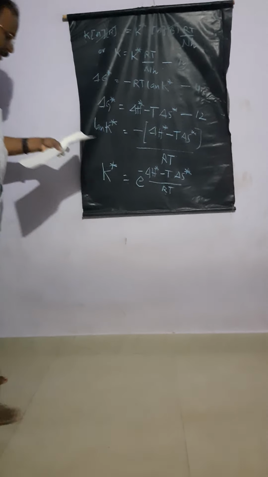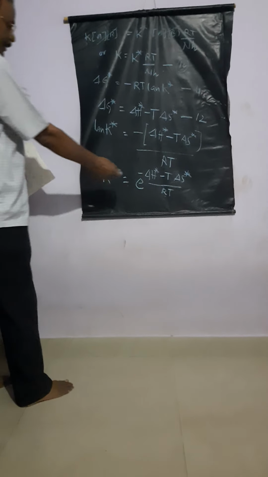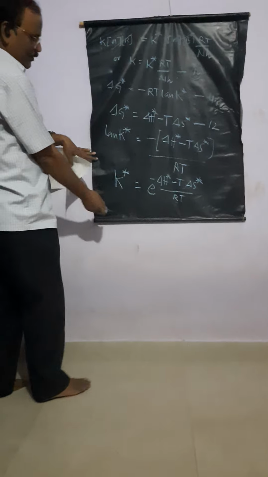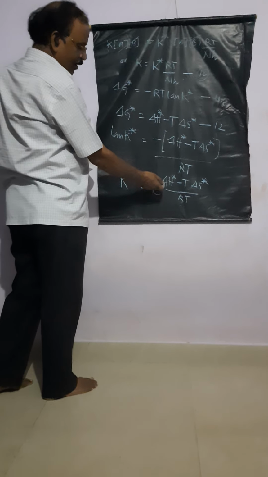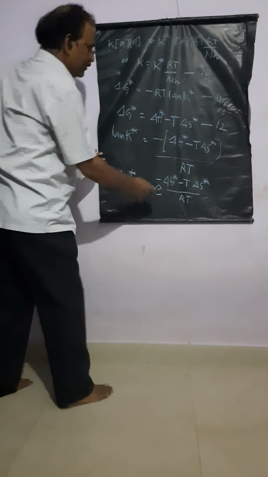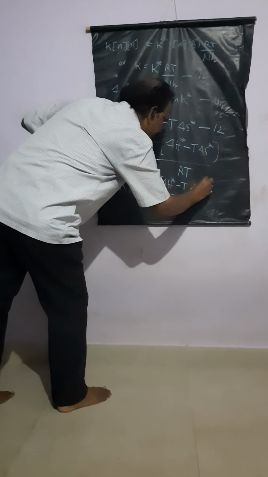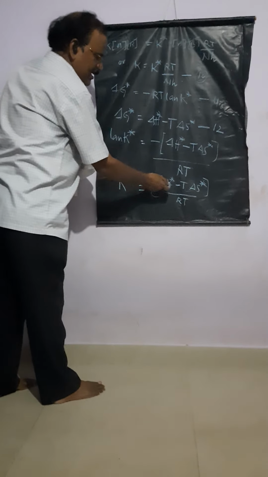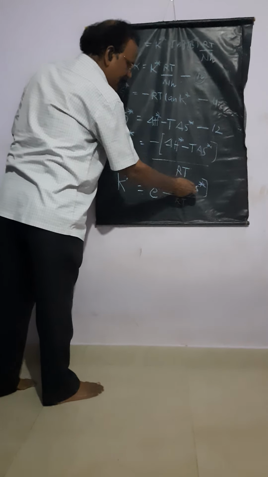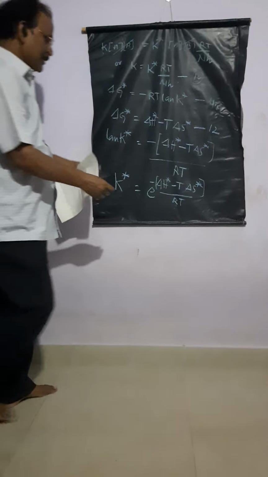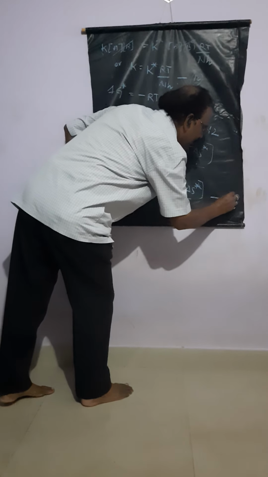So K star is given by e to the power of ln K star, and K star is equal to e to the power of minus delta H star minus T into delta S star divided by RT. So this is equation number 13.